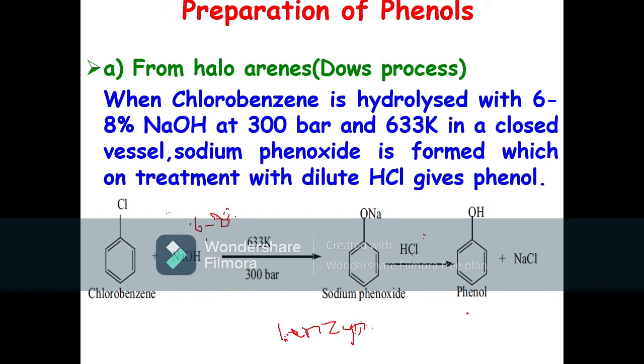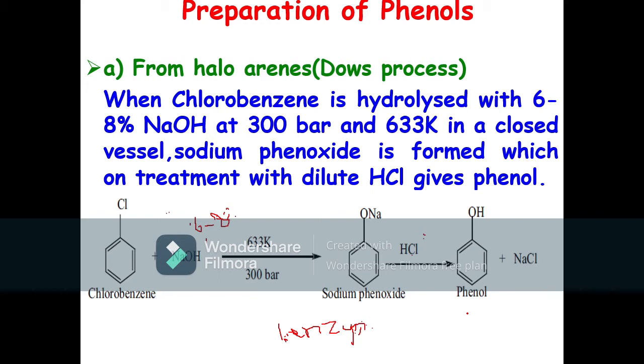We are preparing phenols from haloarenes, also known as Dow's process, in which chlorobenzene is treated with 6 to 8 percent sodium hydroxide at 633 Kelvin temperature and 300 bar pressure. It gives sodium phenoxide. This sodium phenoxide is formed through the benzyne intermediate.